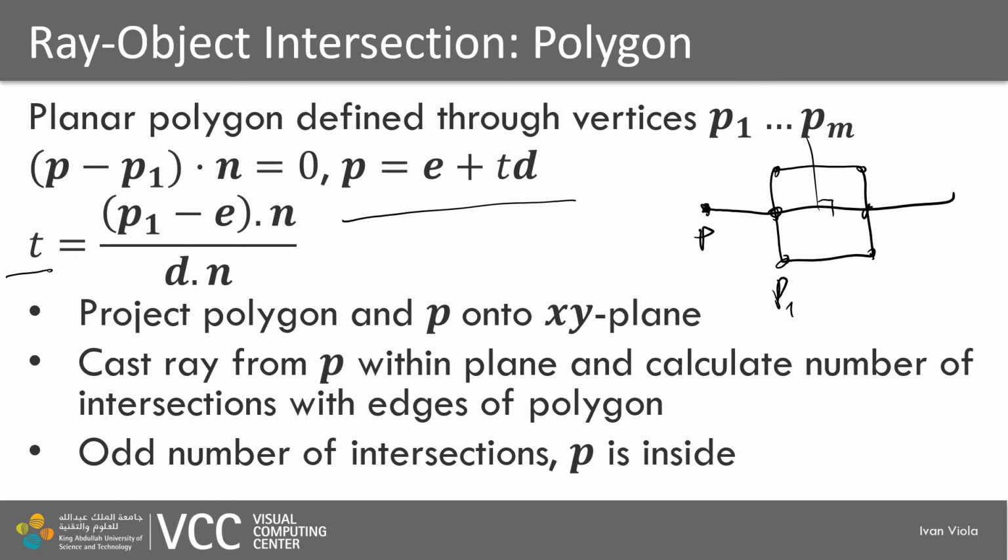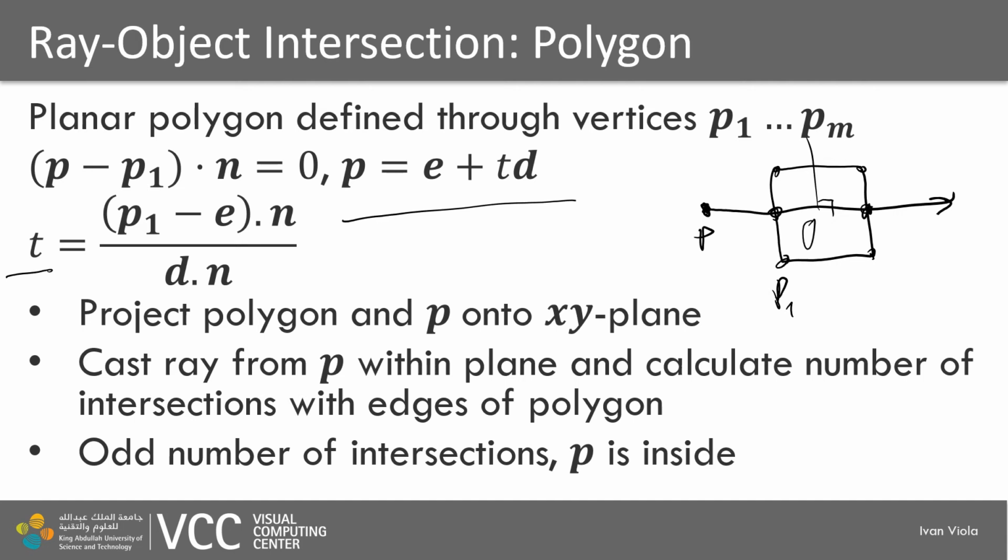If it's outside, it will be even. So here our point P is outside, and for this one ray which we have defined, there is an even number of intersections, which means that our point is outside.